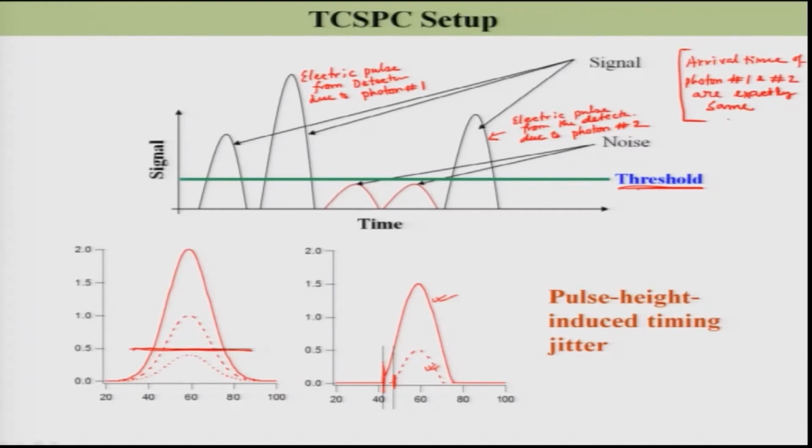So, when they arrive at exactly the same time, I am not considering the transit time spread, I am considering the amplitude of this signal, because they have a variable gain. In this case, for photon number 1, the gain was more than for photon number 2.